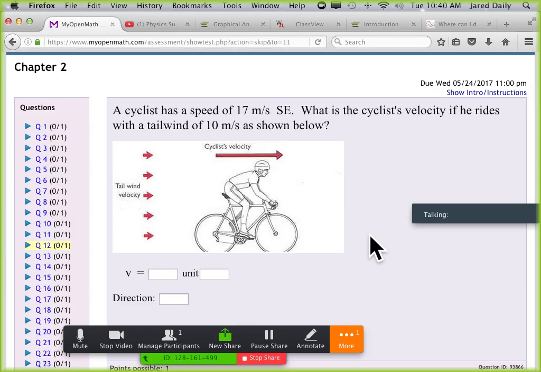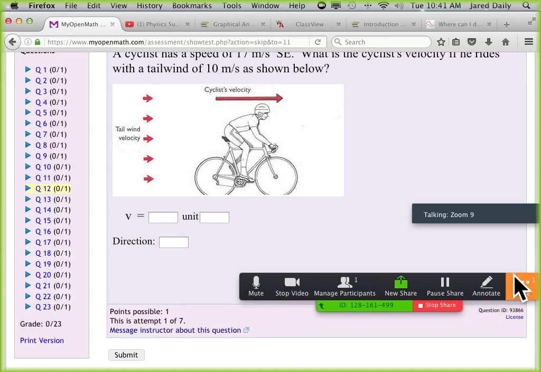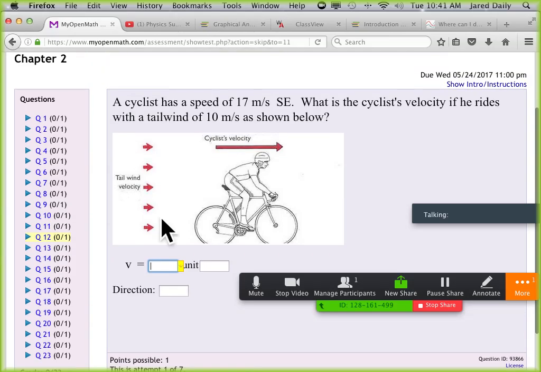It said I got it wrong. Because it says that the cyclist is doing 9 meters a second and the tailwind is 11 meters a second. Let me just check here.